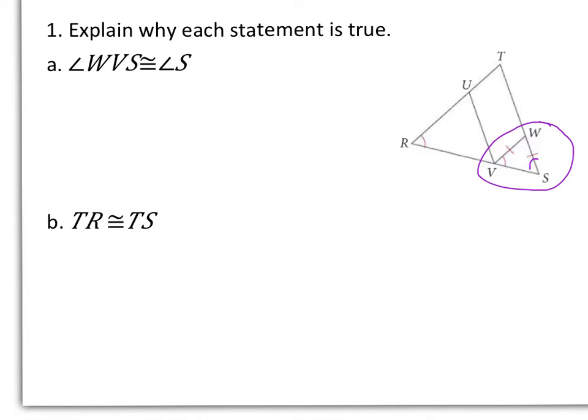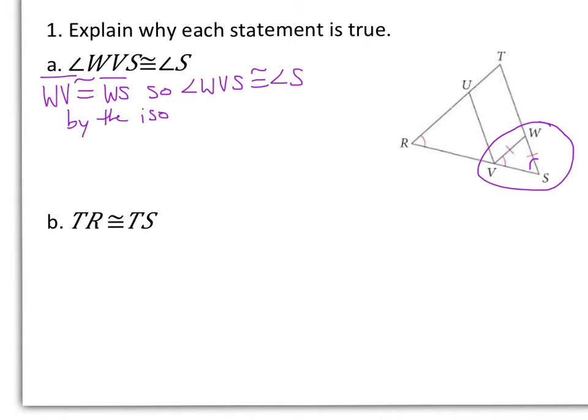If the two sides are congruent, then the two angles opposite those sides are congruent. So since WV is congruent to WS, that makes angle WVS congruent to angle S by the isosceles triangle theorem.